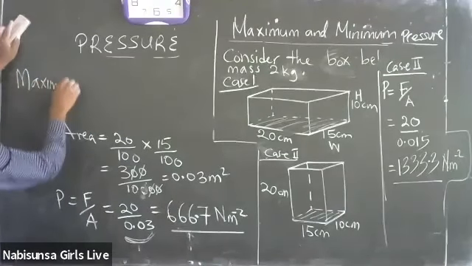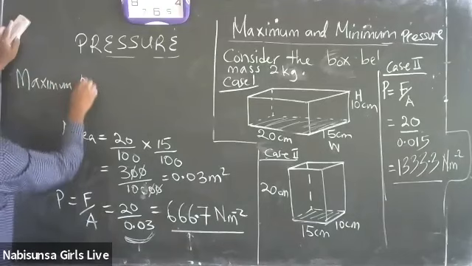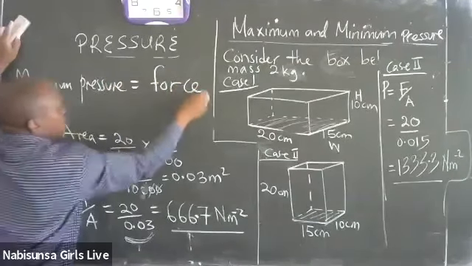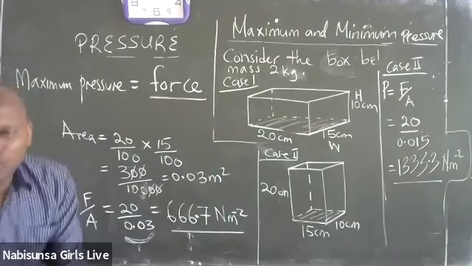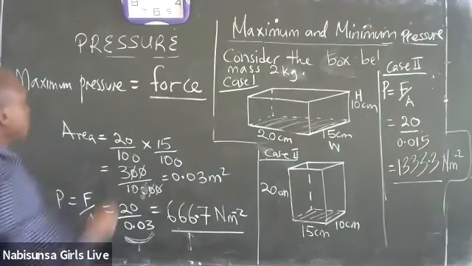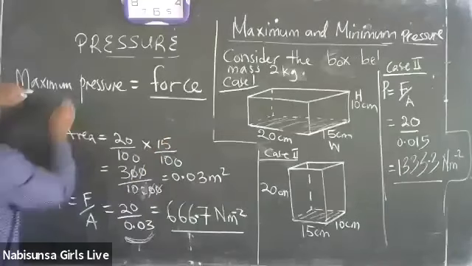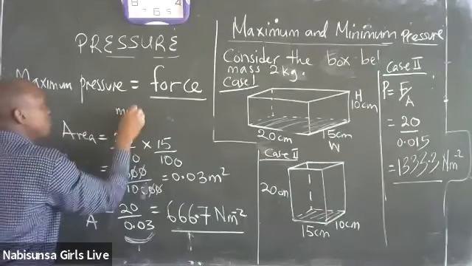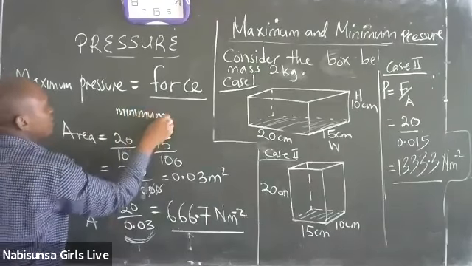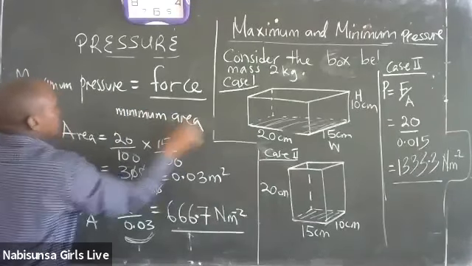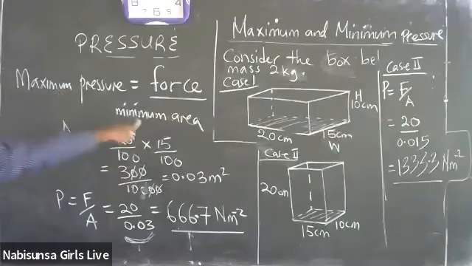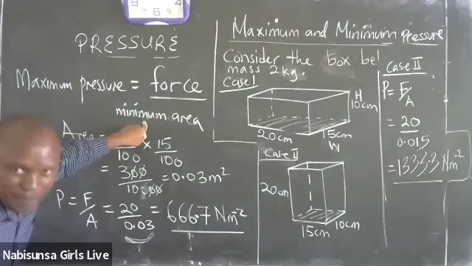Maximum pressure is always equal to force. Force is the same, don't say minimum force. If I'm to get maximum pressure, then down I should put minimum area. So maximum pressure goes with minimum area.